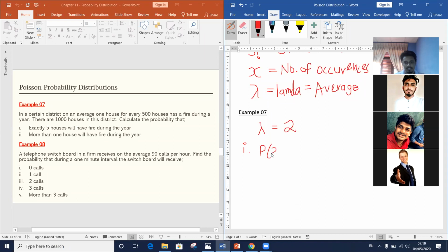What is the x value we are going to consider here in part 1? 5. Yes, 5 occurrences. Probability of exactly 5 houses having fire during the year. This is what we need to calculate.